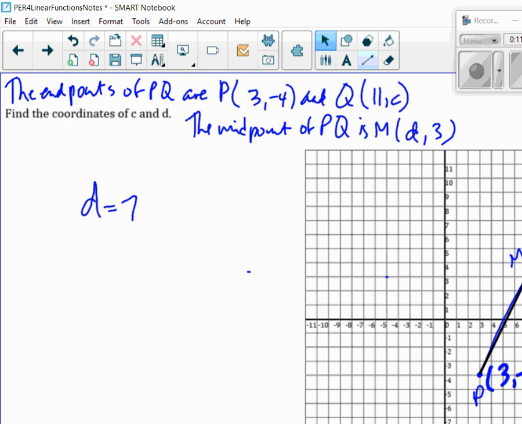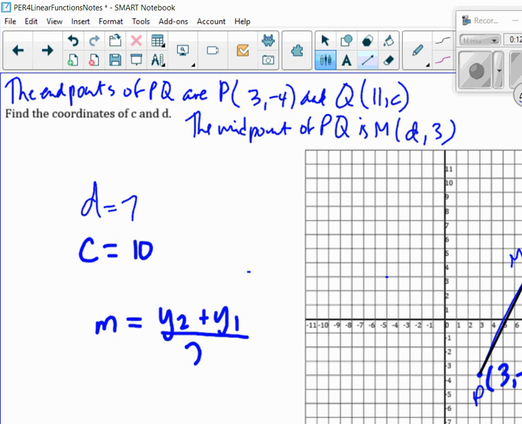Can anybody come up with a different way that we could have got this? So by the way, I have to actually answer the question. C is 10. Anybody else come up with a different way? It's almost like you could do logic, but really, my midpoint or my average is y2 plus y1 divided by 2 for my y.